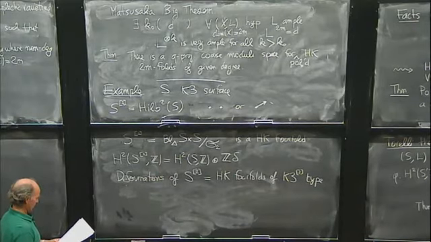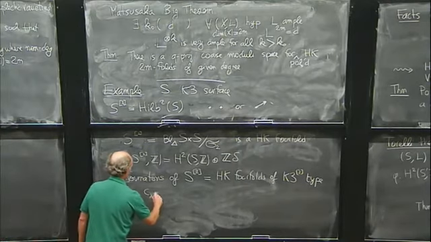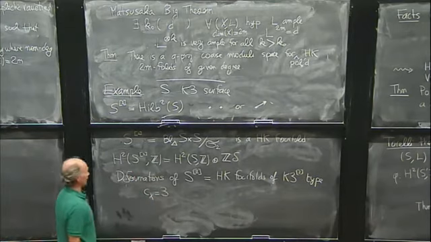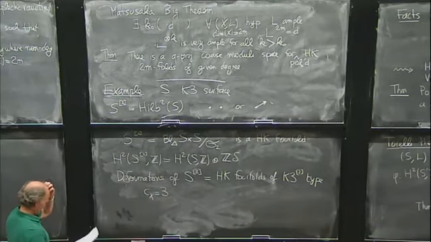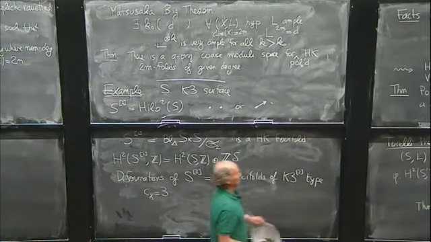Okay, what else should I say? Well, in that case, the Fujiki constant is equal to 3. Okay.